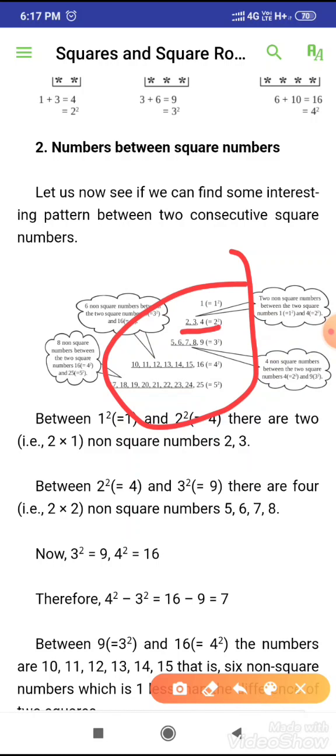Between 2 square and 3 square, it means 4 and 9, there are 4 non-square numbers: 5, 6, 7 and 8. And between 3 square and 4 square, the non-square numbers are 10, 11, 12, 13, 14, 15.